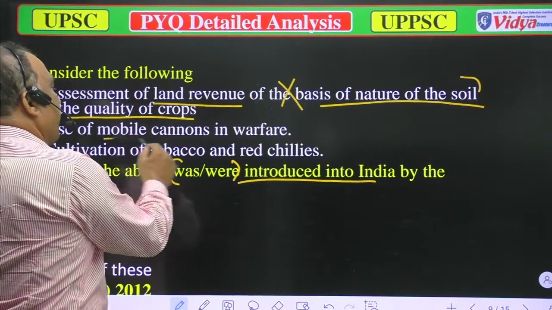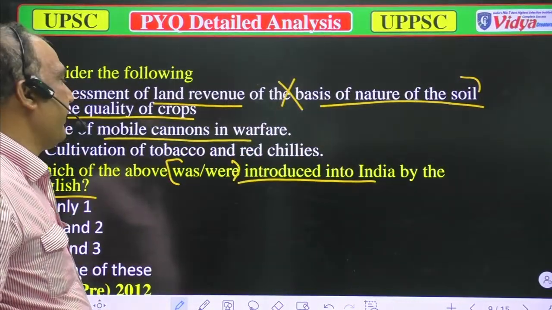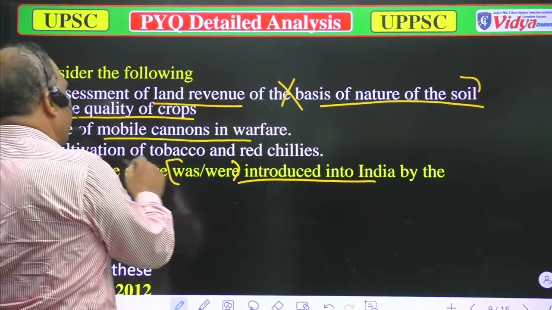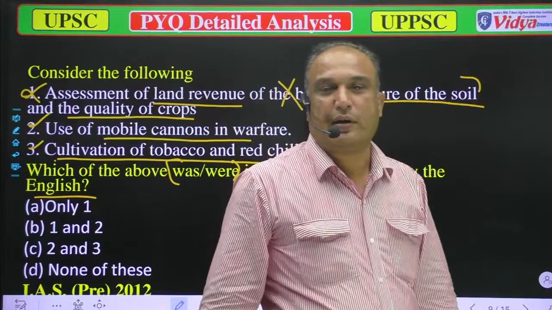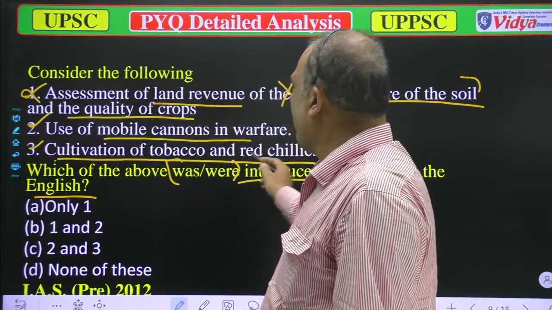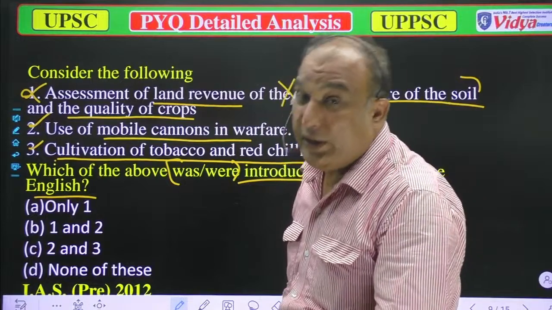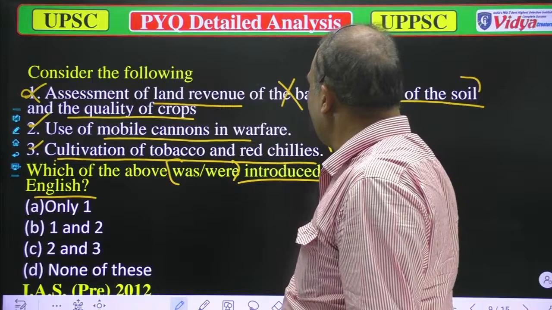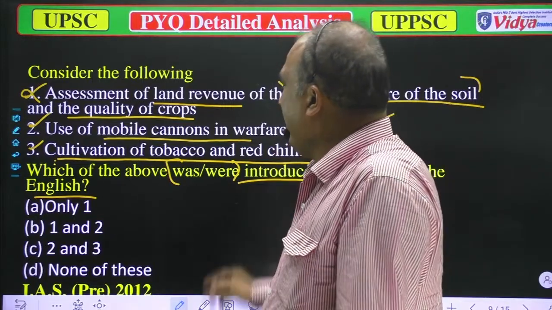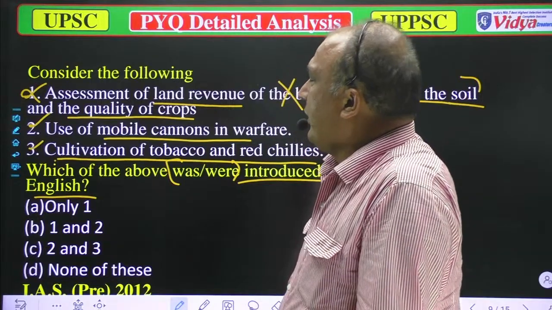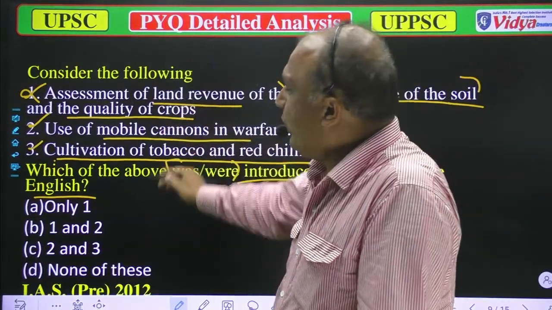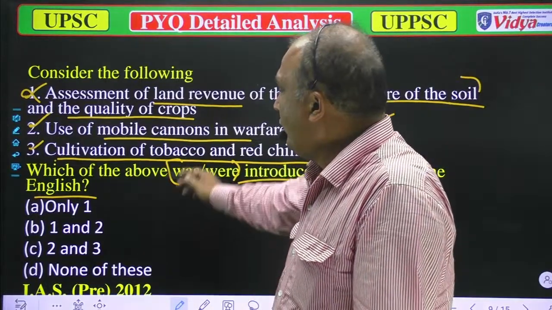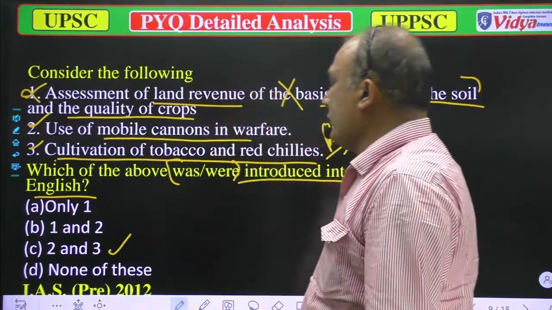Use of mobile cannons in warfare is right, and cultivation of tobacco and red chilies is also right. Sometimes it is said that cultivation of tobacco and red chilies was introduced in India by the Portuguese. But both points are clear because later the Britishers also cultivated tobacco, right? So these 2 and 3 answers are right.